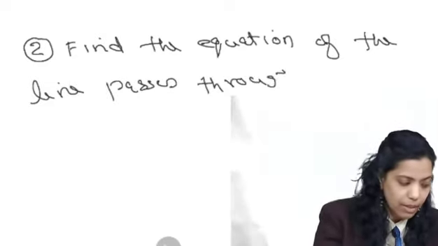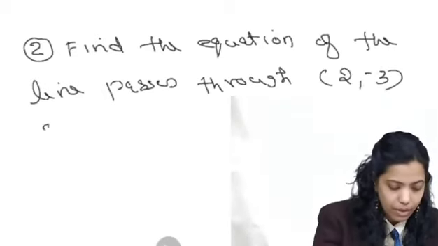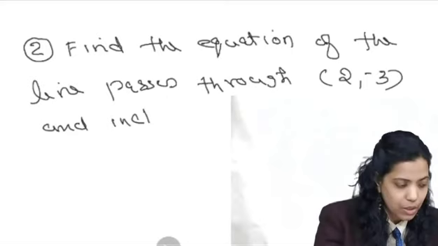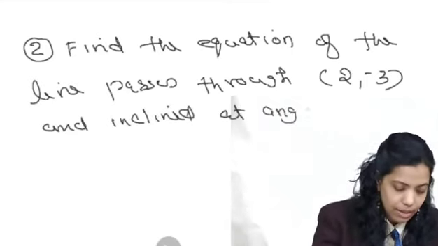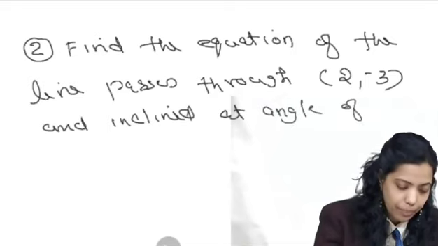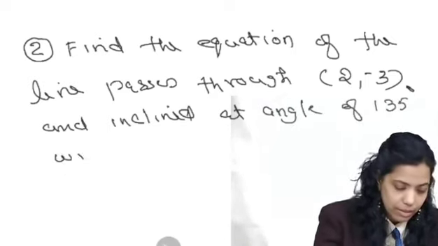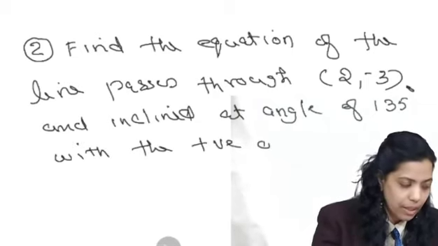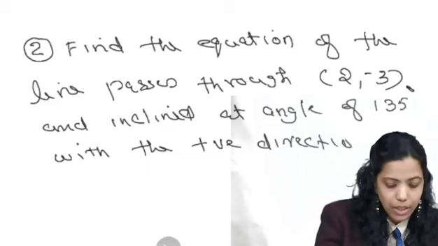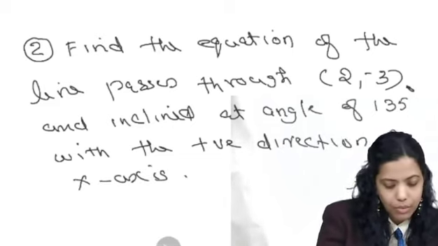The line passes through 2, -3 and is inclined at an angle of 135 degrees with the positive direction of the x-axis.